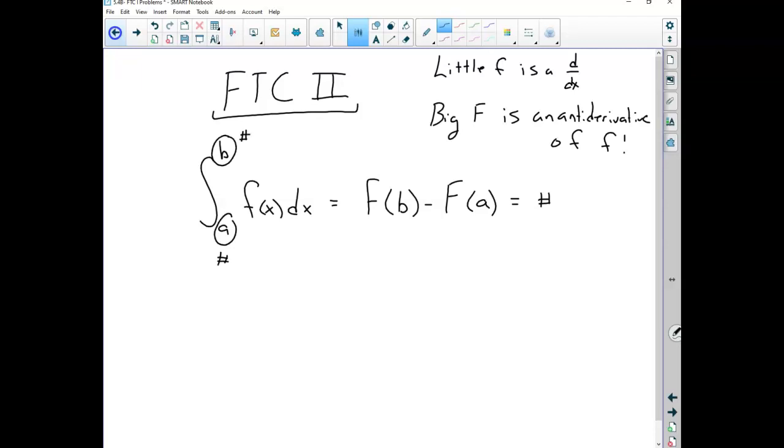So when I evaluate my integral, I'm going to get a number, and that number can be positive, negative, or 0. It could be any one of those three. And remember, it may or may not be the total area that we are talking about, because remember, the negative takes away from the positive and so forth, okay?